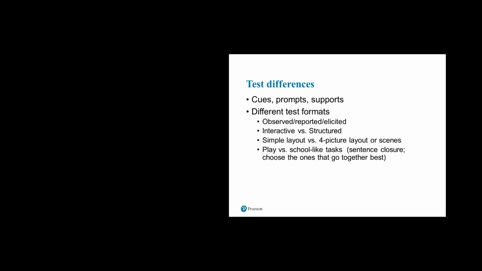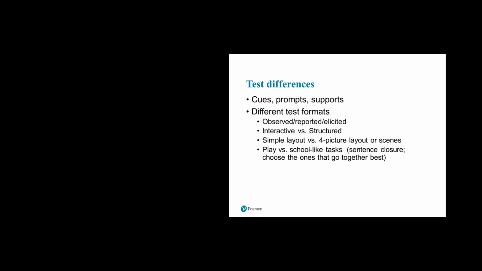There are basic test differences when you compare the PLS-5 and the CELF Preschool-3. There are differences in the amount of cueing and prompting during each standardized administration, and the level of support is also different. Each test has a unique format for administration and scoring.